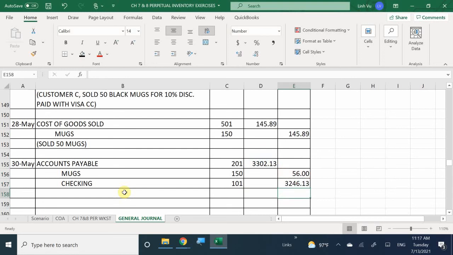Yes, because if I originally owe in grand total to my vendor $3,302.13, but I met a discount and that discount gives me $56 credit, whatever you want to say. Therefore, I'm going to pay less.